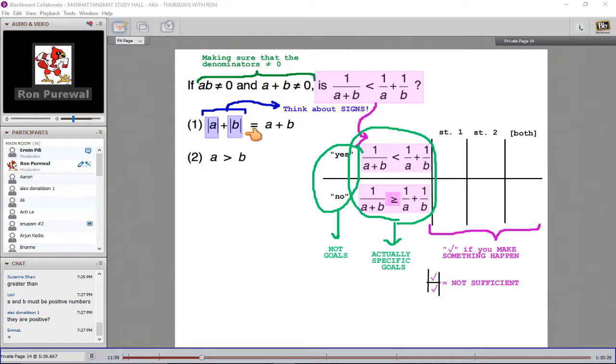But you want to be thinking about signs already. And then this is not something you can really do algebraically. In general, when you have absolute value things like this with more than one absolute value, you're not going to really be able to use algebra.